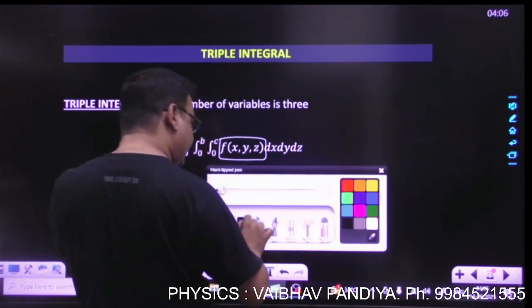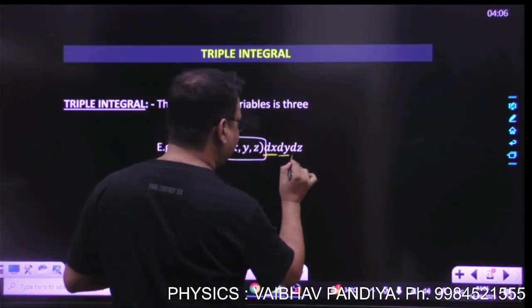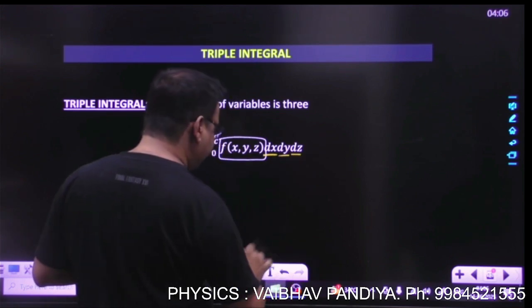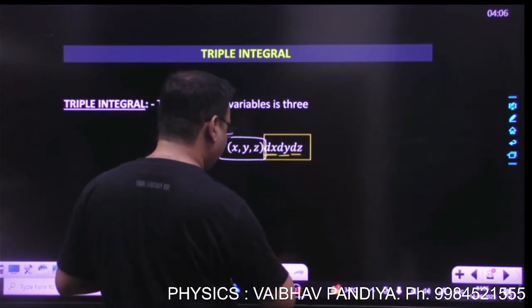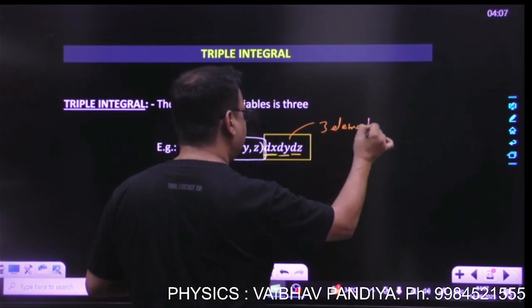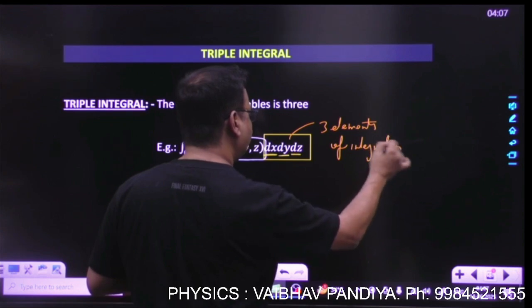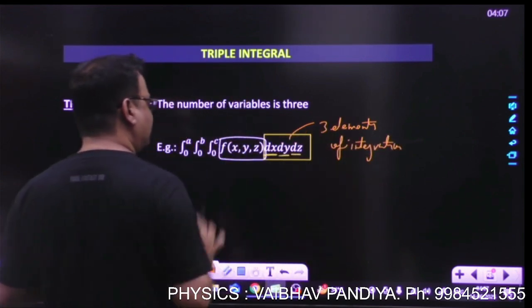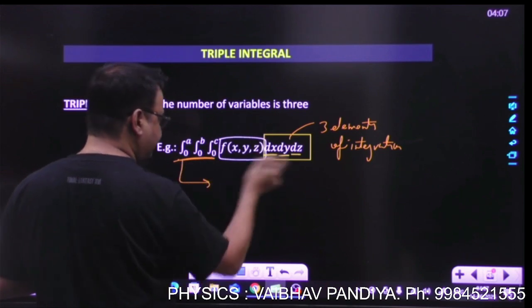How do we decide that it is a triple integral? By this: we have dx, we have dy, we have dz. So we have three elements of integration. That's why it is a triple integral, and these are the three integral signs corresponding to the three elements.